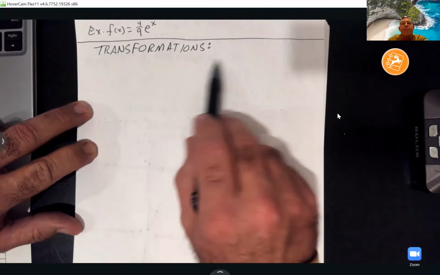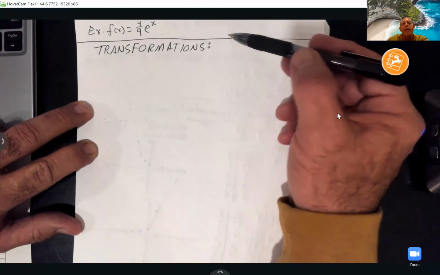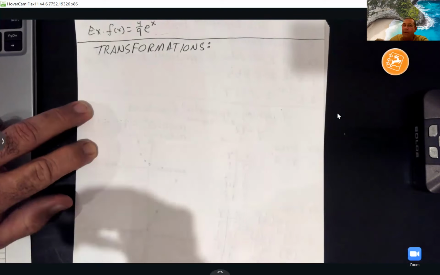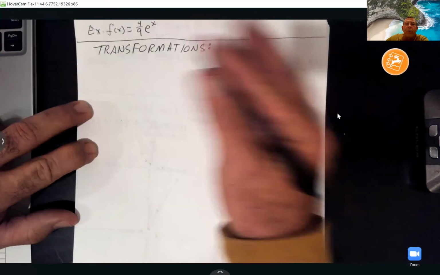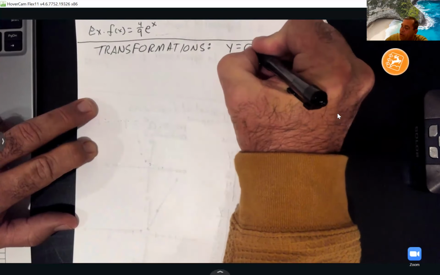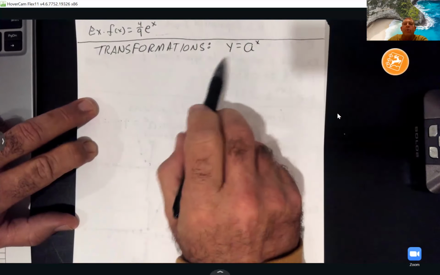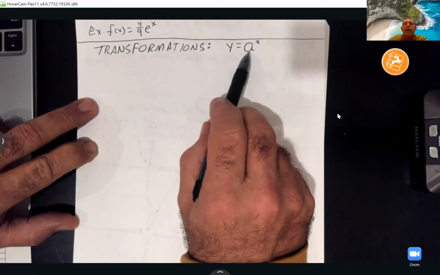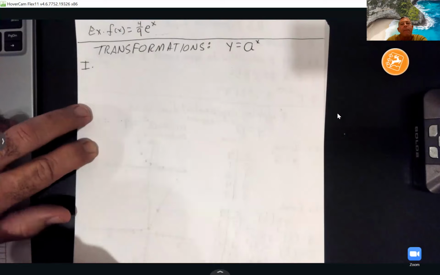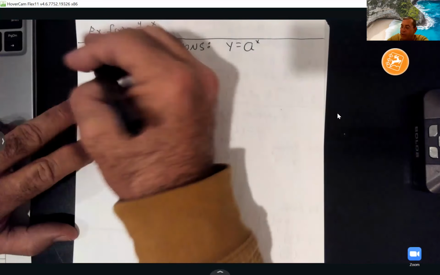We shifted them left and right. And we even reflected them over the x-axis. So now we're going to do transformations to our exponential graphs, the ones that start out y equals a to the x. The first move I can do is the vertical transformation still.